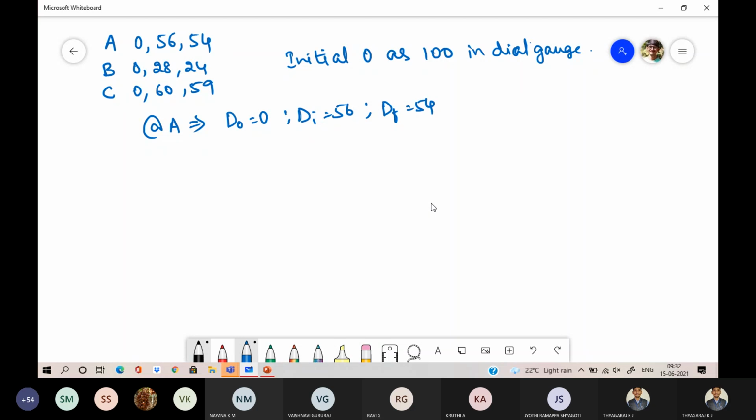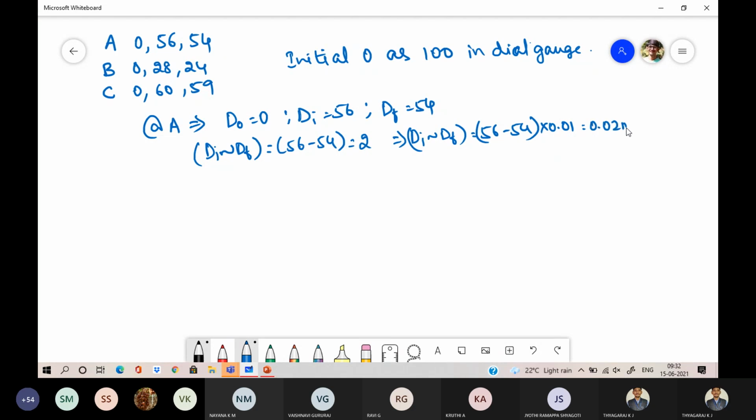First check for leg correction, that is DI minus DF. So 56 minus 54, what is the value? You will get 2.